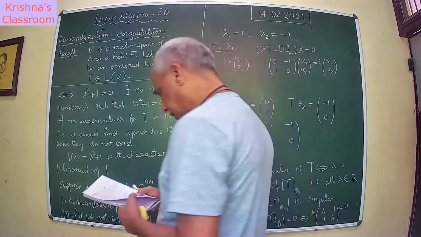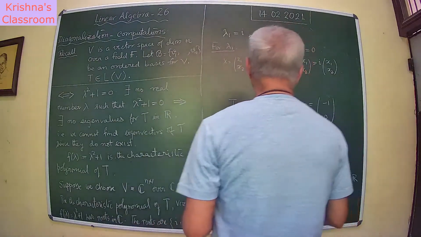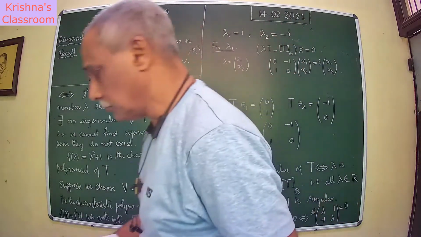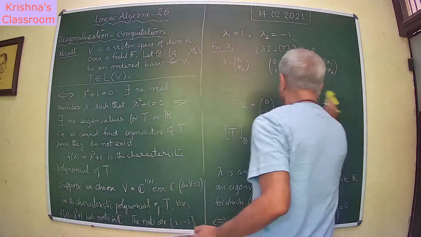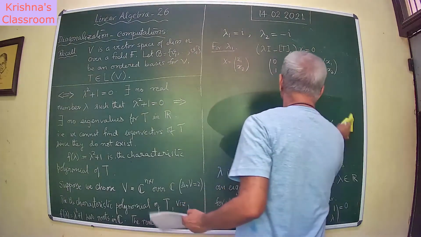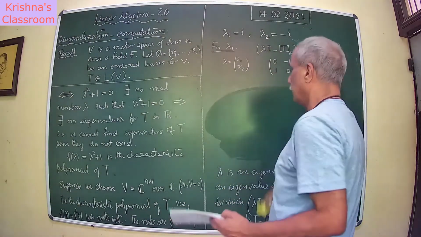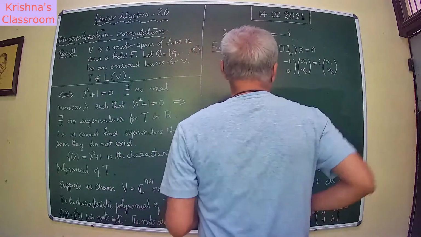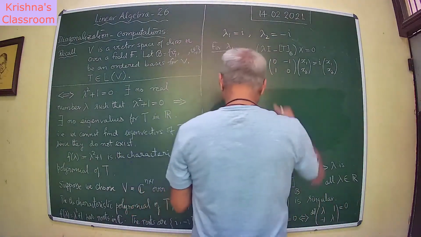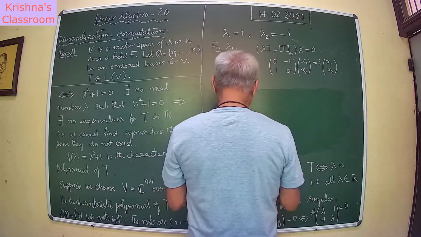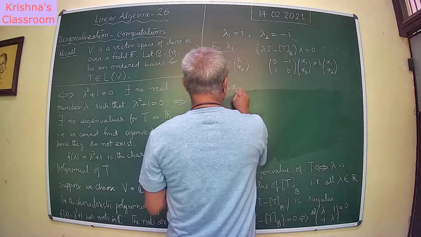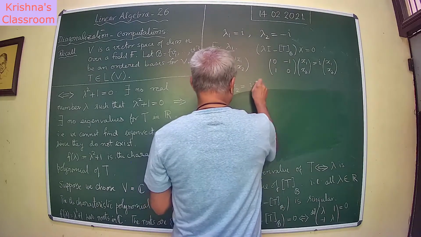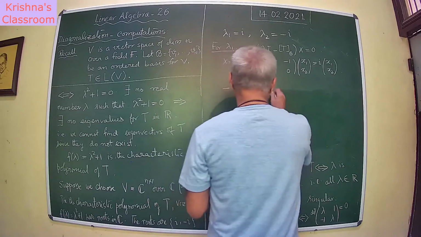That gives the following equations. If you compute this, then you get two equations, namely minus x2 equal to i x1 and x1 equal to i x2.